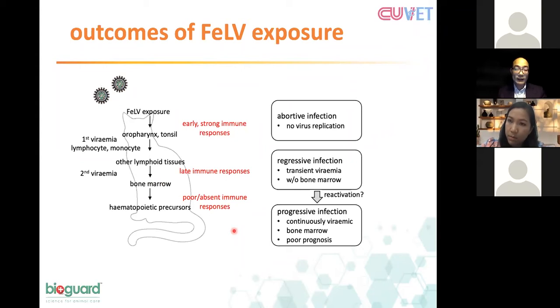We can detect virus at all times because the virus has already infected the hematopoietic precursors. Only this group of cats have a lower quality of life compared to normal cats, and will show, at some time in the clinical course, FeLV-associated clinical manifestations such as neoplasia, immune suppression, and anemia.